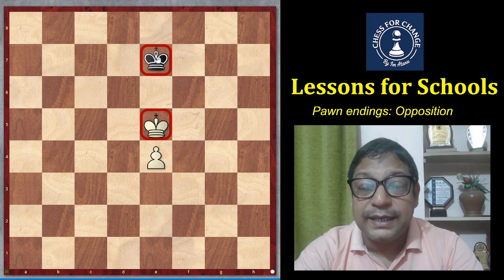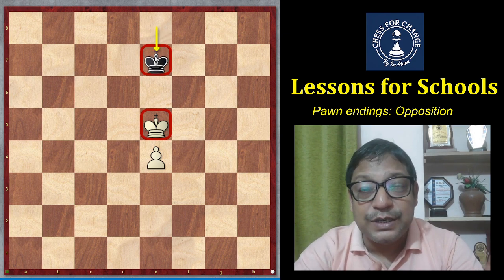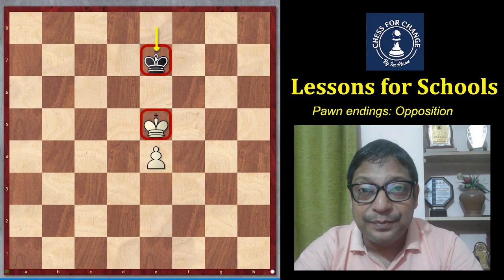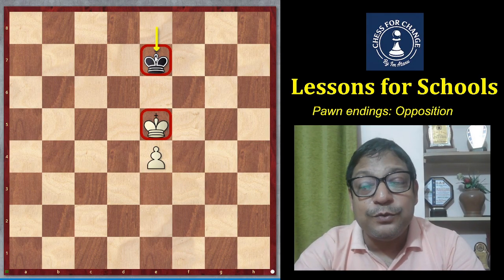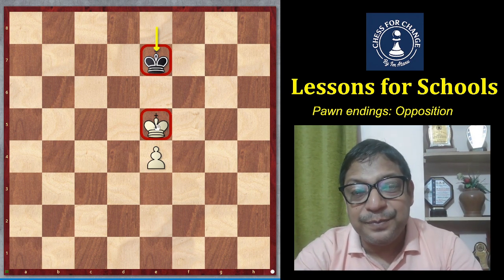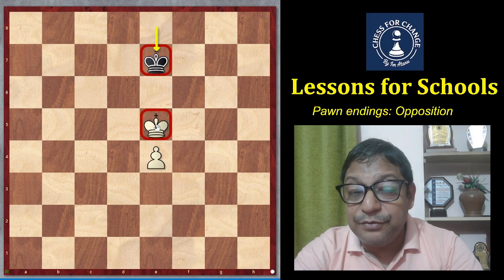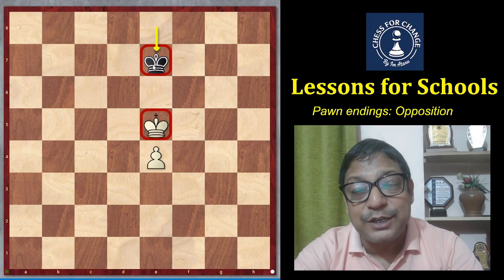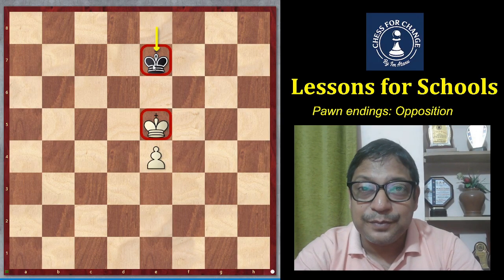Only when both kings stand opposite to each other on the same color, then we call opposition. And then who has the opposition, white or black? The player who moves, his opponent has the opposition. That is the third condition. Here, for example, if it's white to play, black will have the opposition. If it is black to play, white will have the opposition.